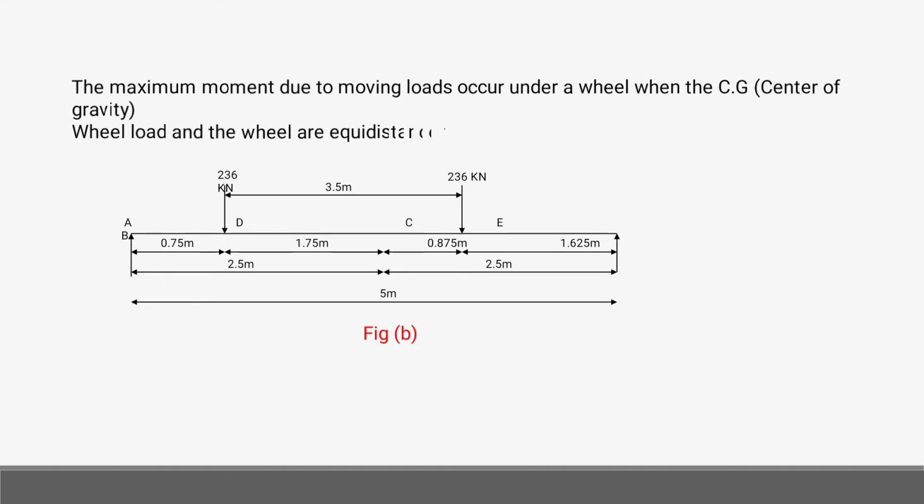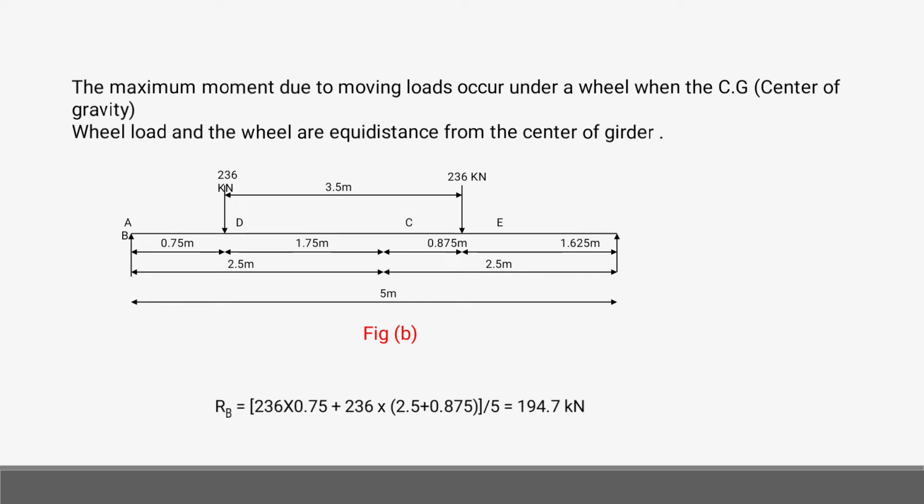The wheels are at equal distance from the center of the girder. So RB is equal to, taking moment about here, RB is equal to 236 into 0.75 meter, then 236 into 2.5 plus 875, because two spacings are there, divided by 5. 5 means the full span. So it is equal to 194.7 kilonewton.